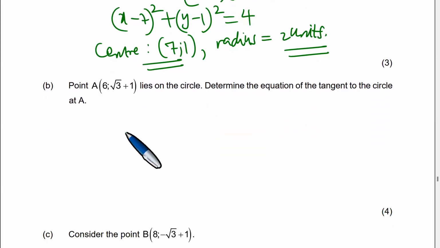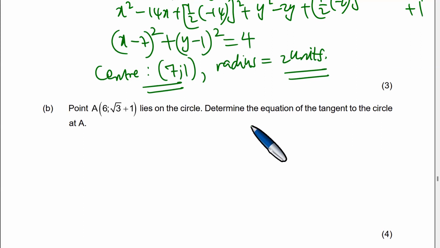Right, so point A has the coordinates. This lies on the circle. Determine the equation of the tangent to the circle at A. Okay, this one is a point that lies on the circle.